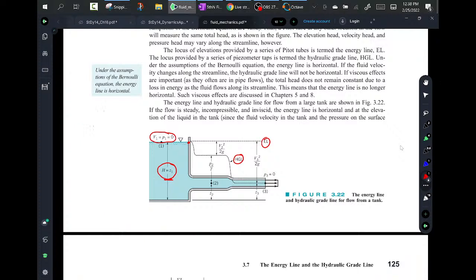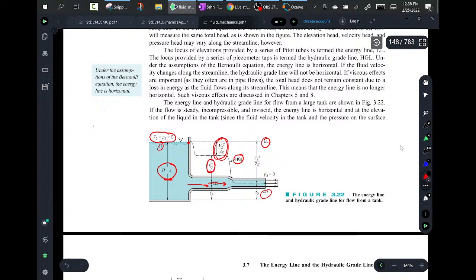So what happens is all of a sudden you're delivering water down the pipe. You have to have velocity to get the water from point 1 to point 3. So you have a velocity here. You'll have a pressure, and basically these two will offset, come out to be called the hydraulic grade line.